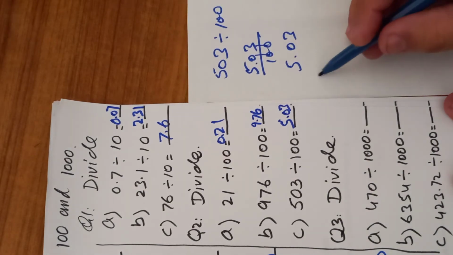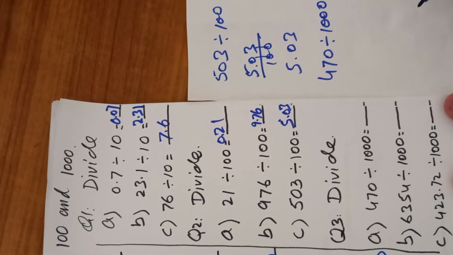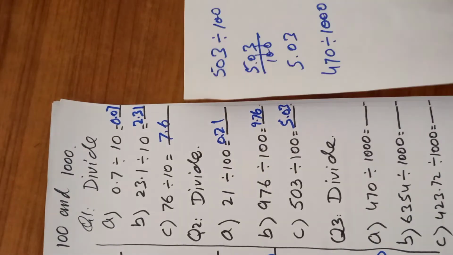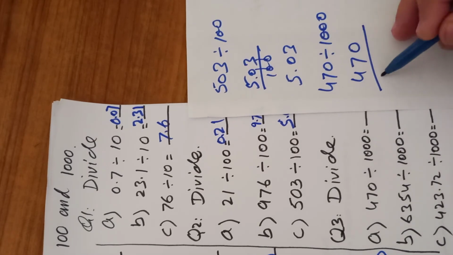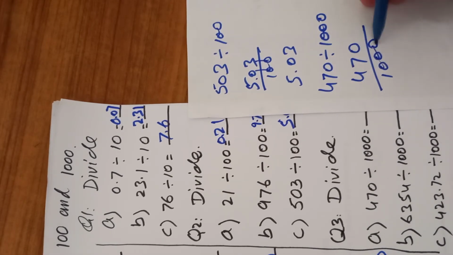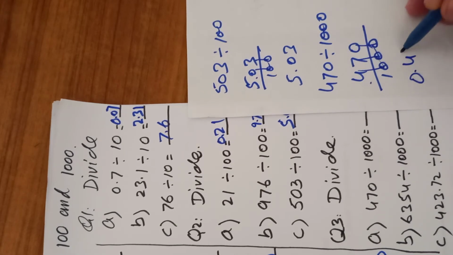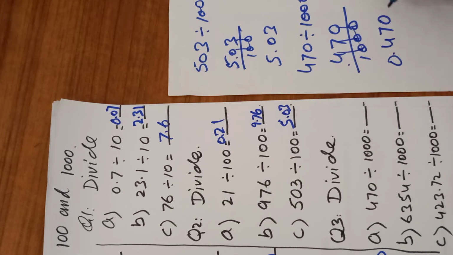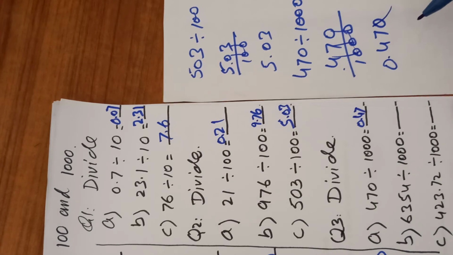Then we have 470 divided by 1000. So dividing it, we will write them simply by comparing the zeros and the decimal. So 0.47. The ending 0, if you don't write it, doesn't matter. So 0.47 you can write as the answer.